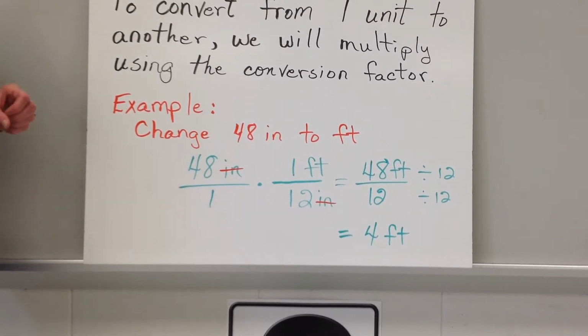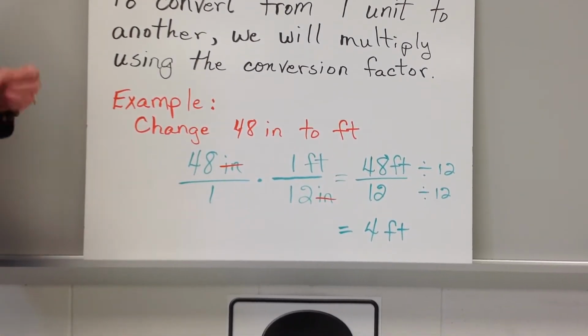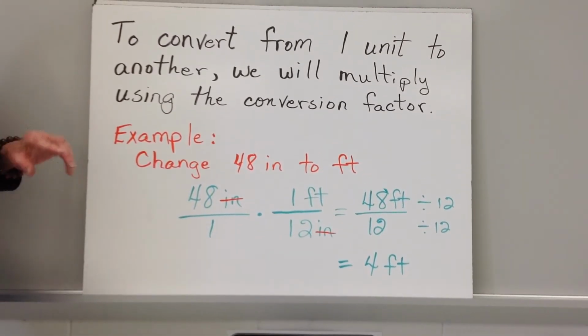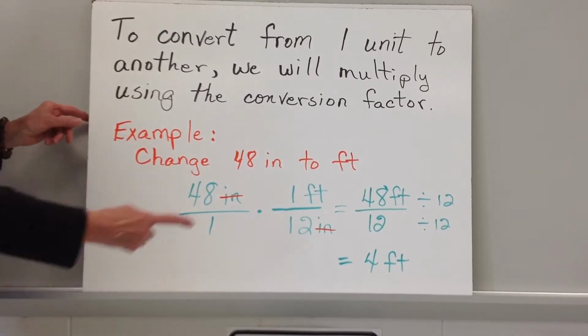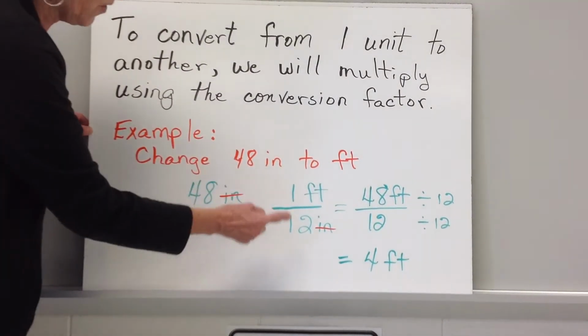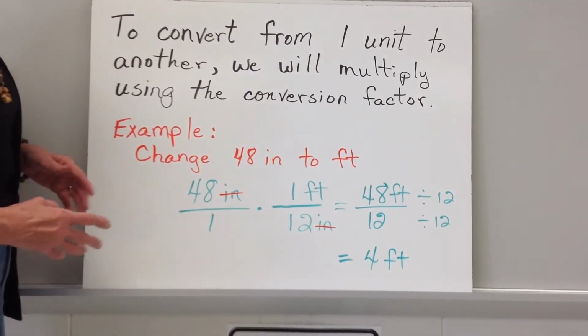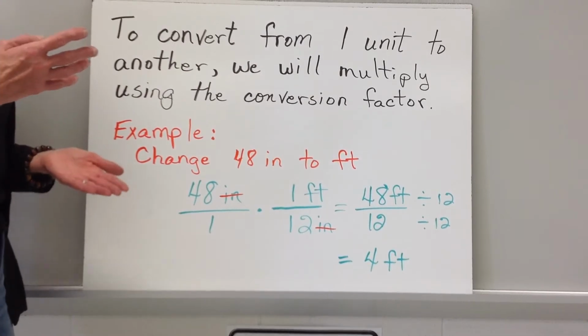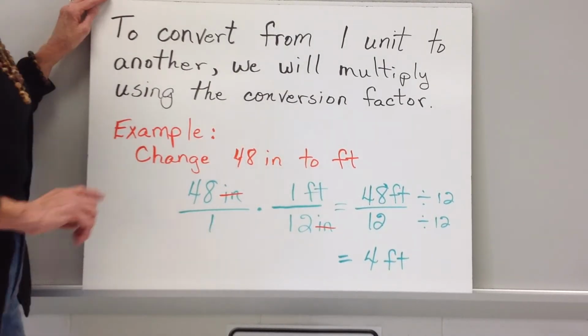Now, our conversion factor said that 1 foot is 12 inches. So we are going to multiply by that conversion factor, but we have to decide what goes in our numerator and what goes in our denominator. Do we want to put 12 inches in the numerator, or do we want to put it in the denominator?